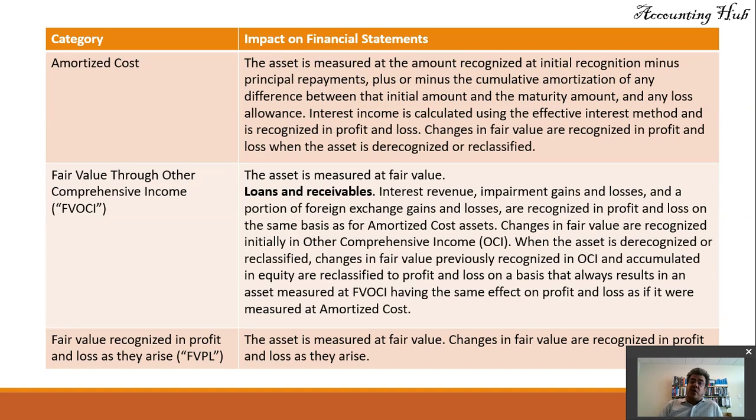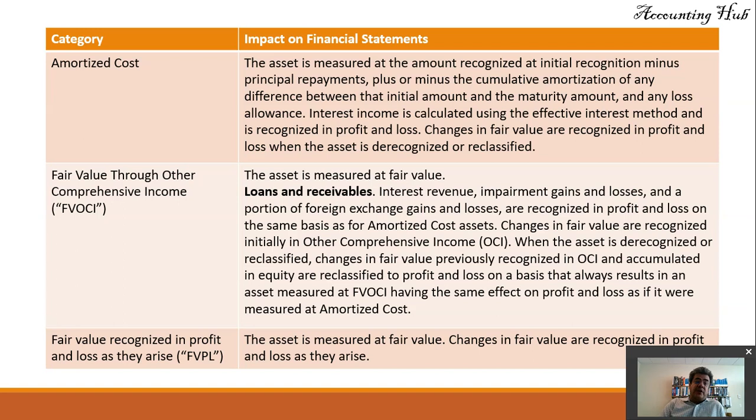Interest income is calculated using the effective interest method and is recognized in profit and loss. Changes in fair value are recognized in profit and loss when the asset is derecognized or reclassified. If it is not, no fair value at all.